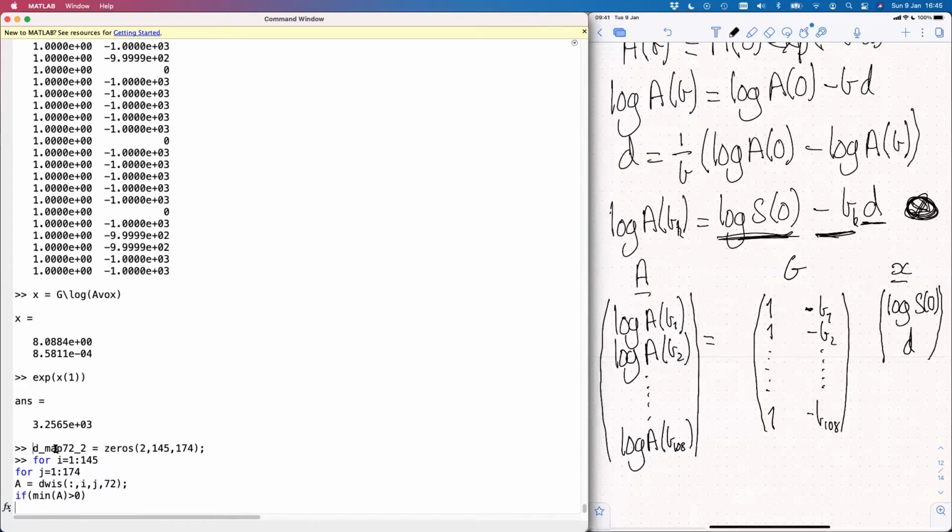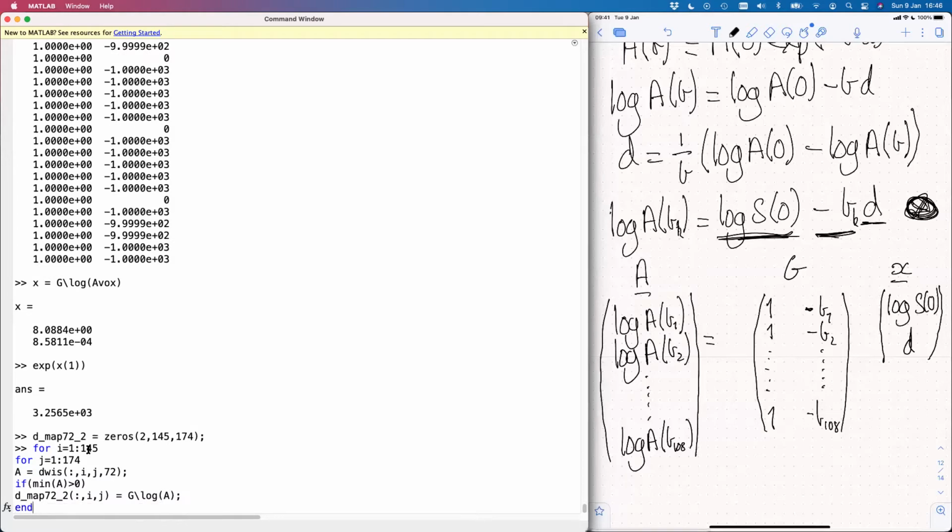So if it passes that test, then I am going to put in this corresponding slot of DMAP72-2 the output of our matrix divide, G divided by log of A, the parameters that we're trying to estimate.